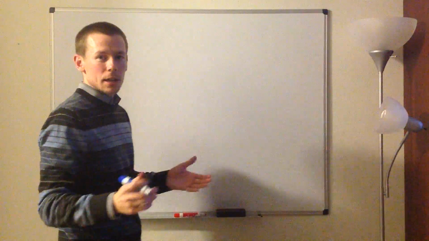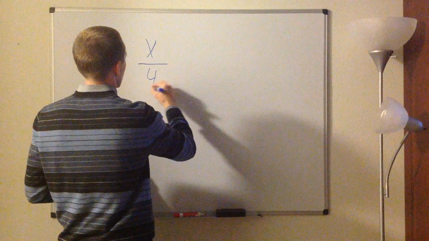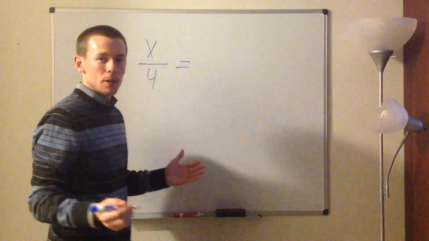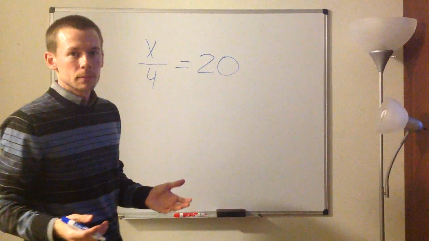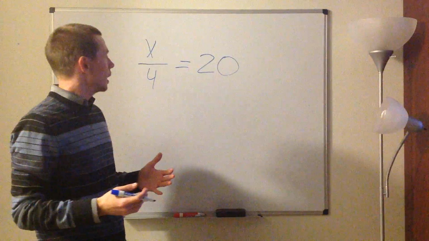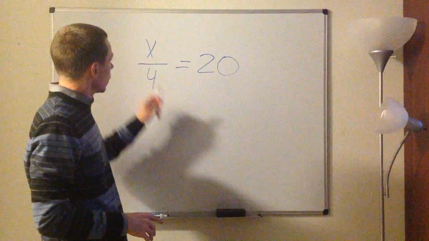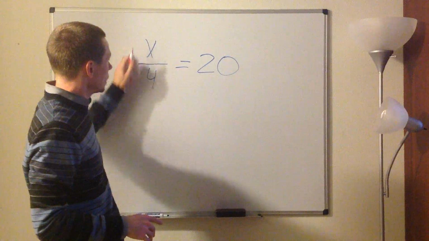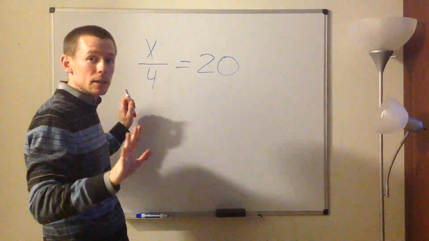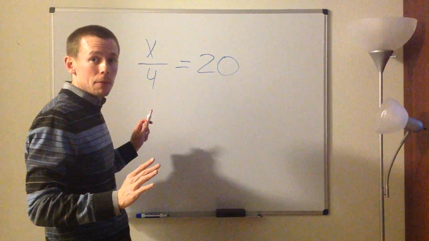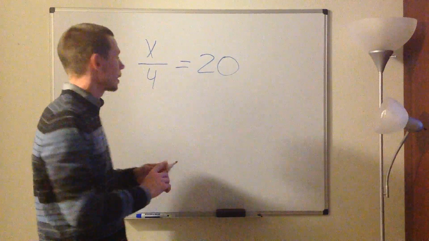So let's look at division now. Let's say I want to know what number divided by 4 equals 20. If I'm not sure what number that is, well, I can observe that what's being done with x right now is it's being divided by 4. So if I want to undo that and get just 1x or get x by itself, I have to multiply by 4. Why? Because 4 divided by 4 will just give me 1x.